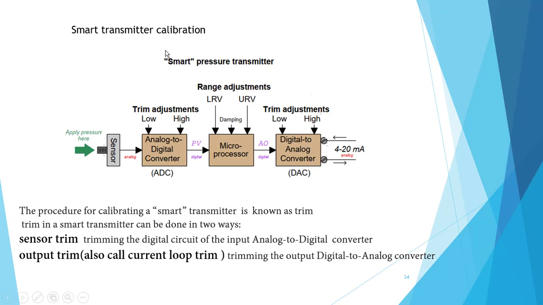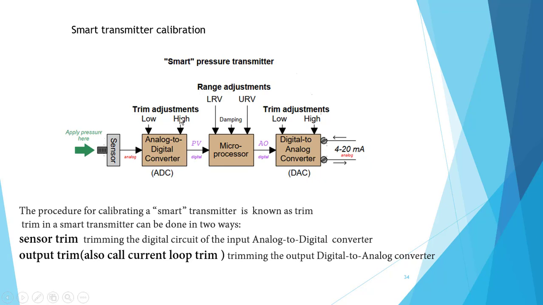This is smart transmitter calibration. Smart transmitter calibration is completely different from an analog transmitter. You should do trim adjustment. Smart transmitter calibration we call the trim.